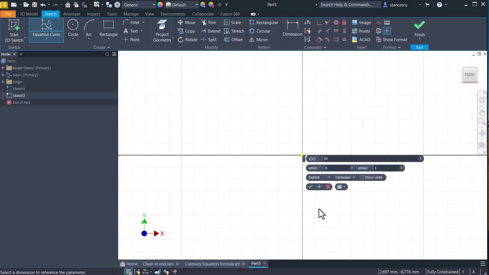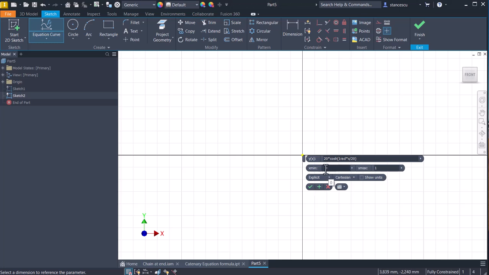20 multiplied by hyperbolic cosinus, open parenthesis, 1 radian. This is the unit, multiplied by x and divided by also 20 parentheses.